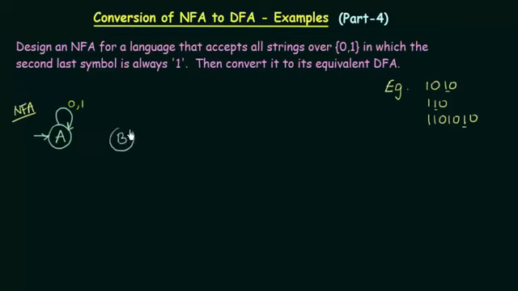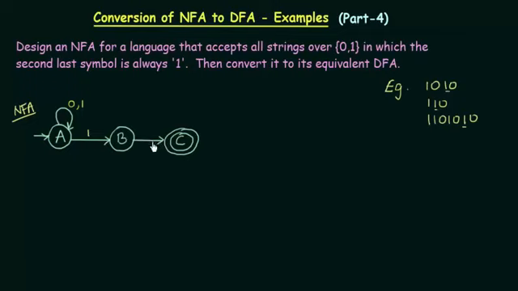State A will go to the next state, state B, on getting the input 1. That means now I assume that this is going to be my second last symbol. So if this is going to be my second last symbol, I send it to the next state B. Then state B goes to the next state, state C, the final state, on getting the next input.